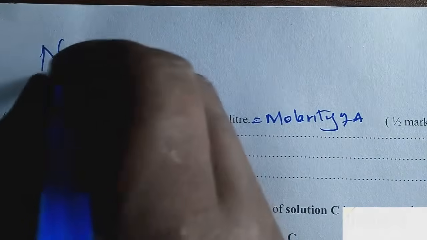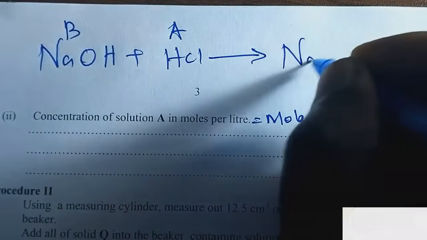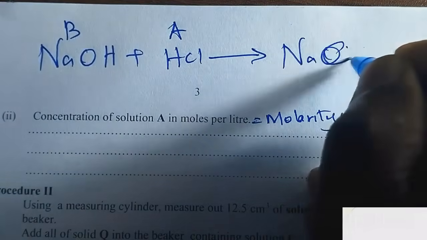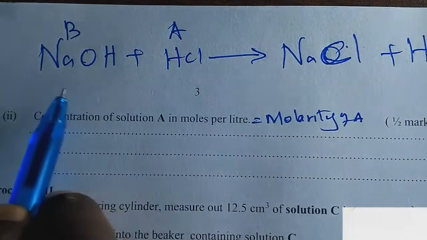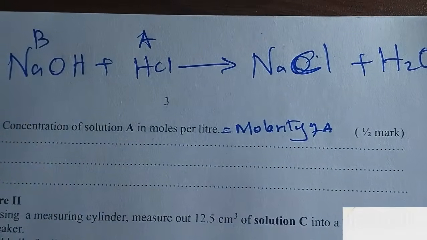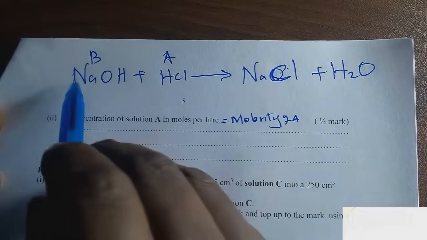Therefore, I for sure know that it is solution B, sodium hydroxide, that reacted with solution A, HCl, which forms sodium chloride plus water. So when I look at this equation, the ratio is 1, 1, 1.